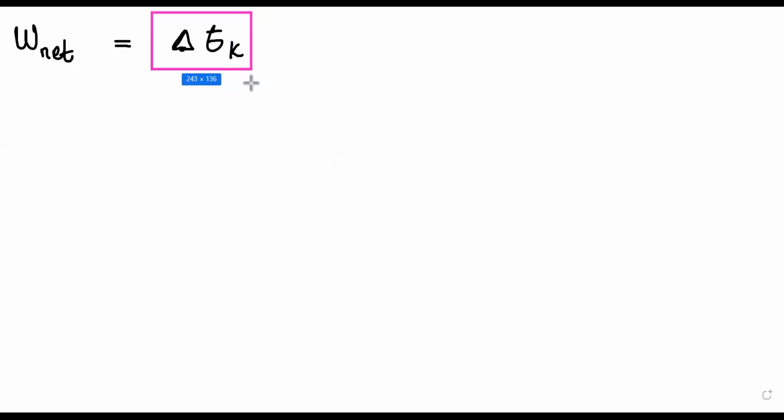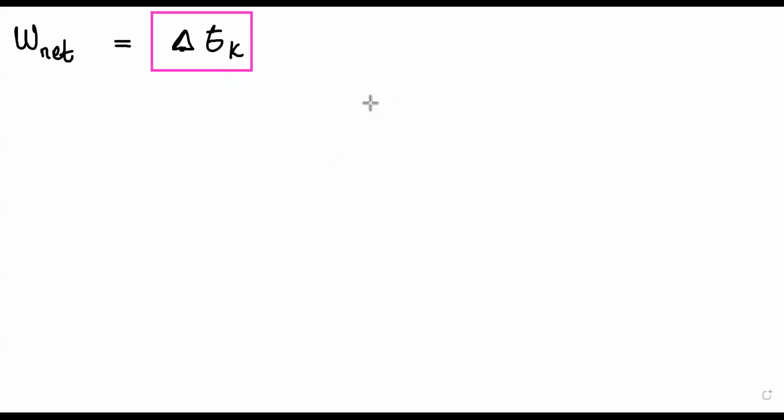It says every time a net force acts on an object, the net work done on the object is equal to the change in its kinetic energy. And the reason why we pick this one is because they gave us the final velocity as well as the initial velocity.